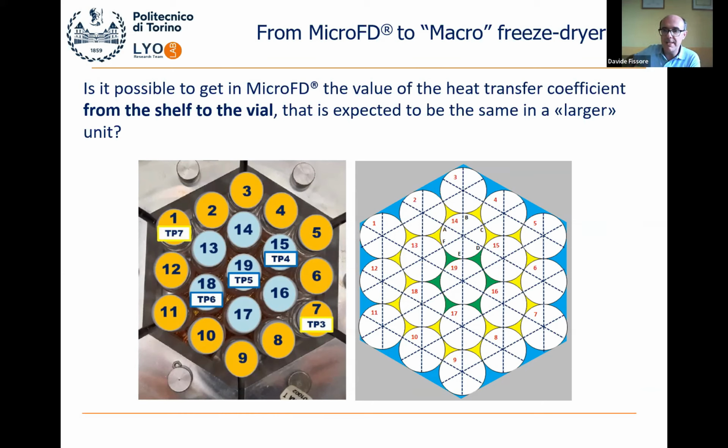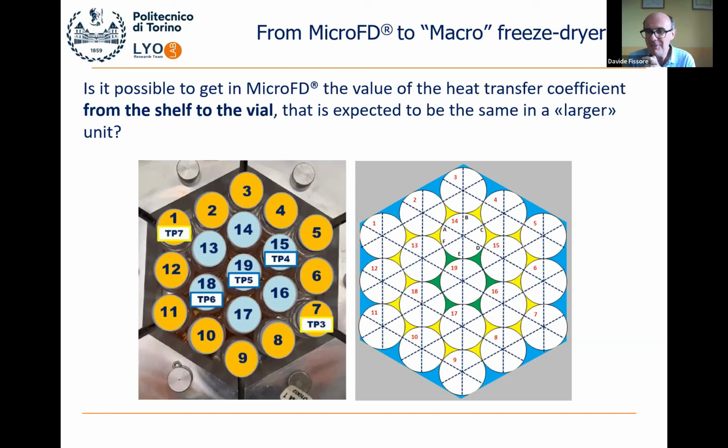Well, let's see an example. Here is a picture of MicroFD that is in my lab, 19 vials in this configuration, 10R. And on the right-hand side, you find a sketch of this batch. Why am I showing you this sketch? Because it's quite meaningful.